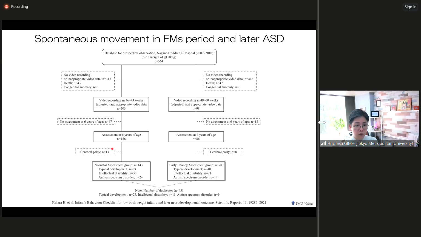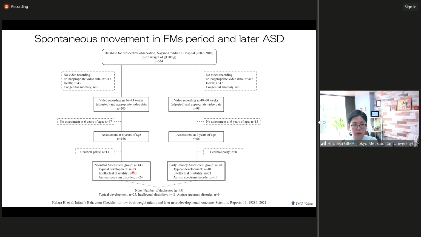The neonatal period on the left corresponds to the phase when writhing movements appear in terms of GMs, while the early infancy period on the right corresponds to the phase when fidgety movements appear. We assess the appearance of individual behavioral characteristics at each period according to the neurodevelopmental outcome.